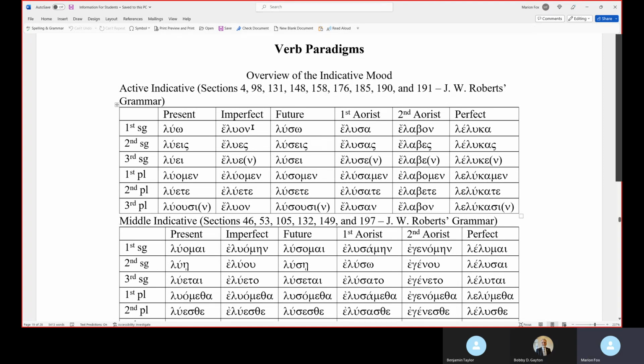Notice the imperfect over here. And then notice the endings on the aorist. Now, there is a change in the stem, of course, but right here, omicron nu, and omicron nu over here, epsilon, sigma, and so forth.